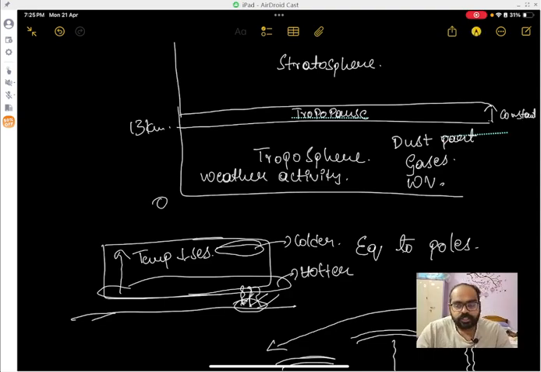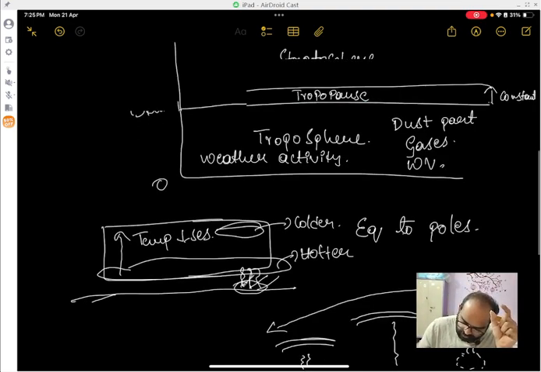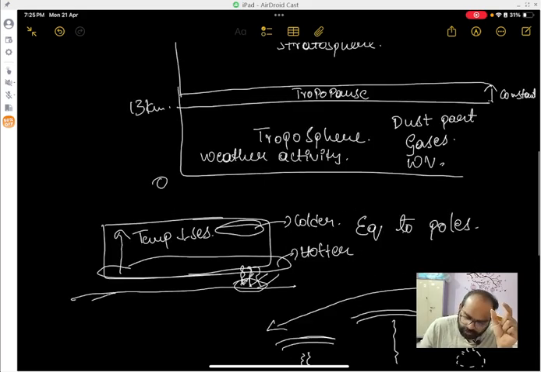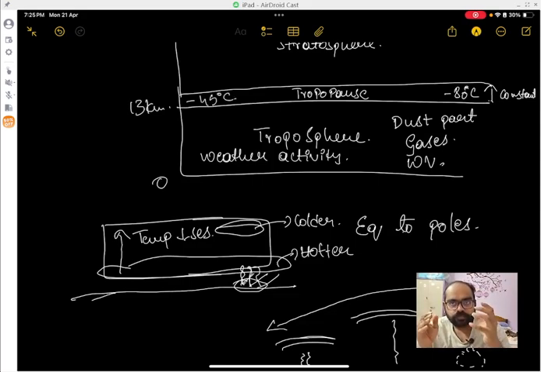The second feature of the tropopause is that its temperature is minus 80 degrees centigrade at the equatorial region and minus 45 degrees centigrade at the polar region. Why?